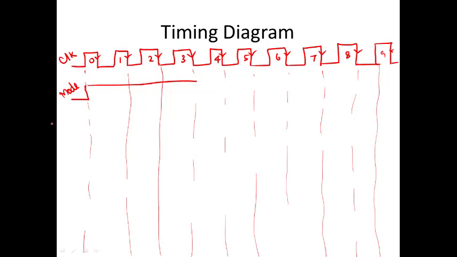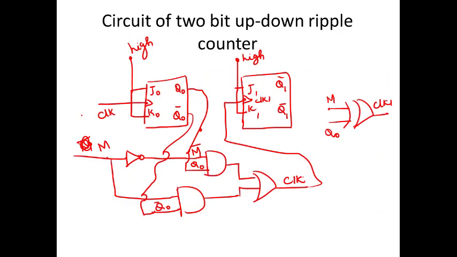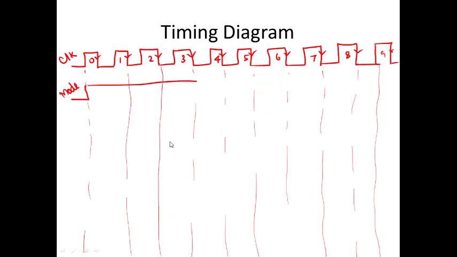Let's check. Whenever your mode is low, it is your up counter, right? Actually, for this case, it's an active low. Okay, means high means it's an active low here. Okay, keep that in mind. So we have 0 and 1.